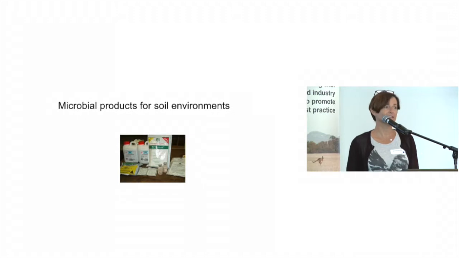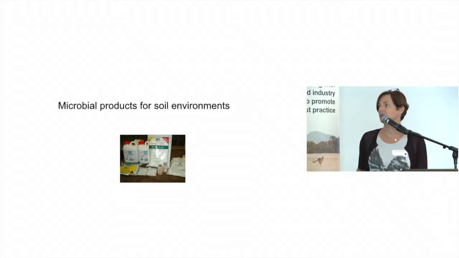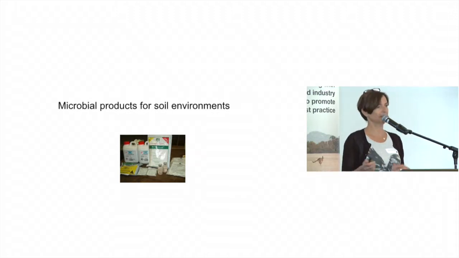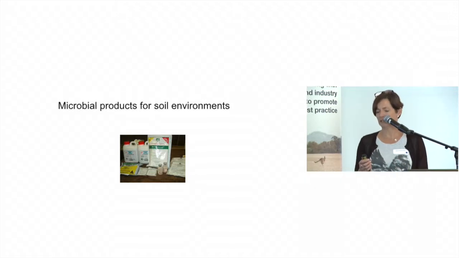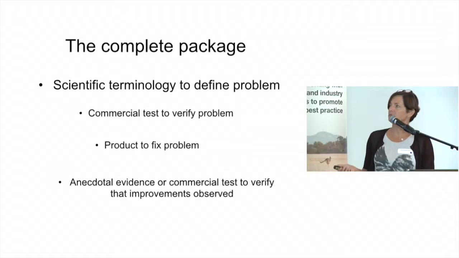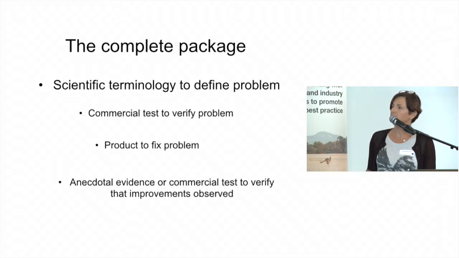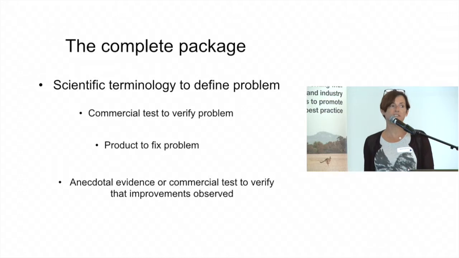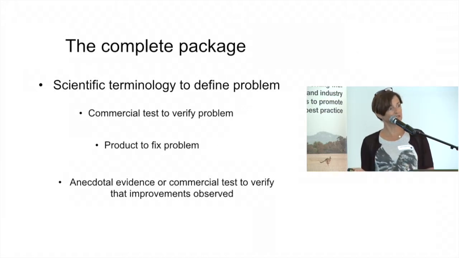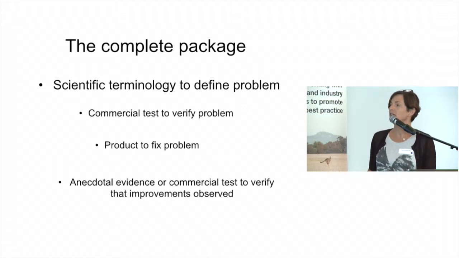Finally, we're looking at microbial products, and there's lots and lots of them on the market. They're getting more and more prevalent in the marketplace as people are looking for alternatives to the more traditional forms of fertilisers. What we tend to see is that the package that's presented goes like this. You have scientific terminology to define the problem, which is fairly robust because there's a lot of information on the science of a problem.